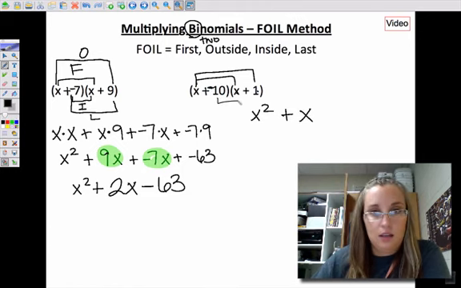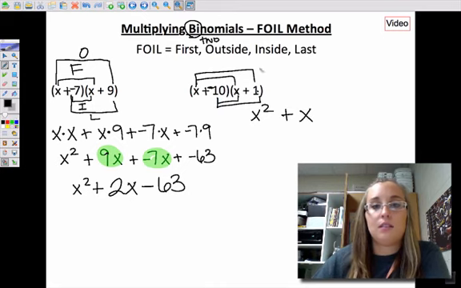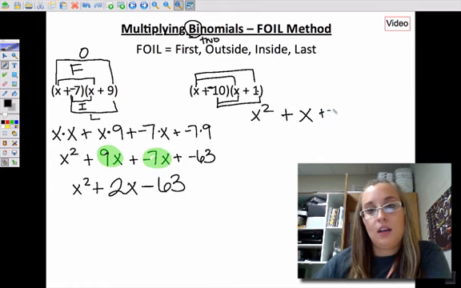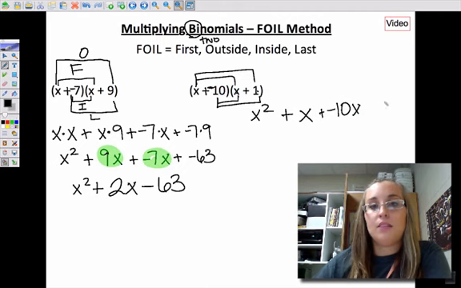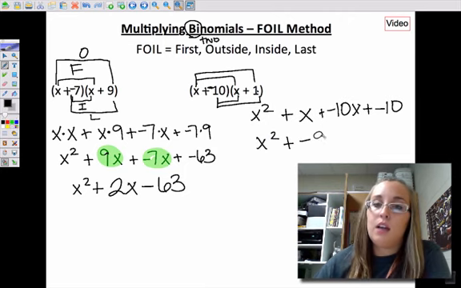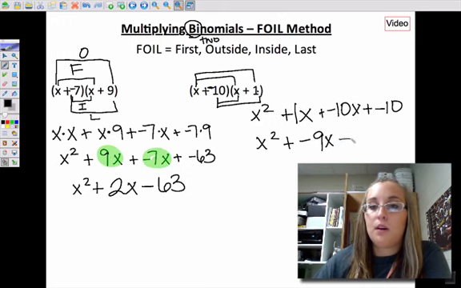So I'm going to take the negative 10 times my x and times the 1. That's my inside and my last. Okay? So x squared plus x. Then we got to do negative 10x. It's negative 10 times x. And then negative 10 times 1 is negative 10. Combine my like terms, I'll have x squared plus negative 9x, because remember this is like 1. And then I'm just going to go minus 10.